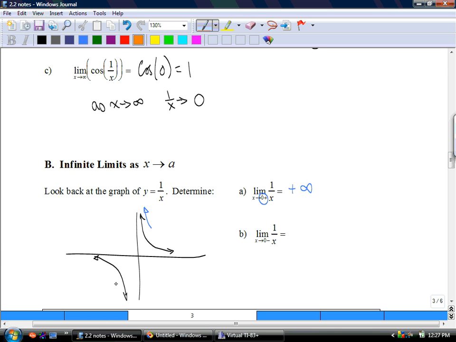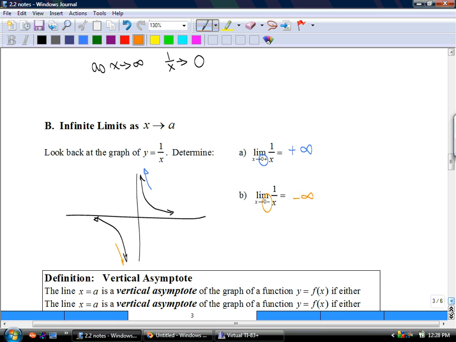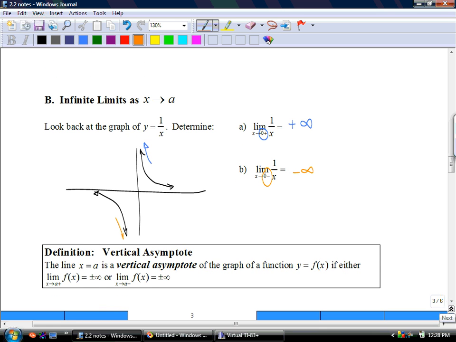And as we approach 0 from the left-hand side, negative infinity. So in this graph we define x equals 0 as a vertical asymptote. And this is our proof of a vertical asymptote.